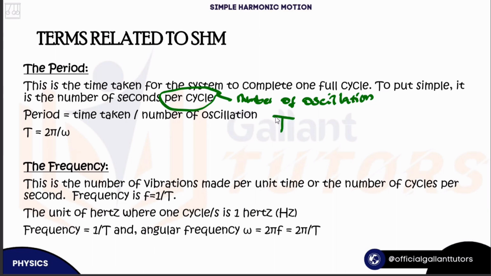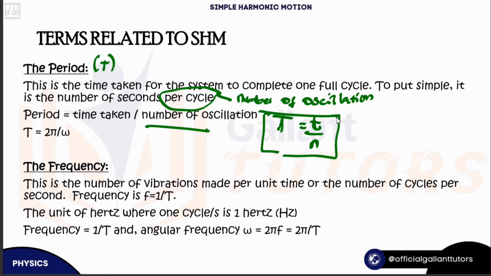So period, which is denoted as T, is equal to what? Time over n, n referring to number of oscillation. Is that clear? So note this formula and remember it. Very, very important.